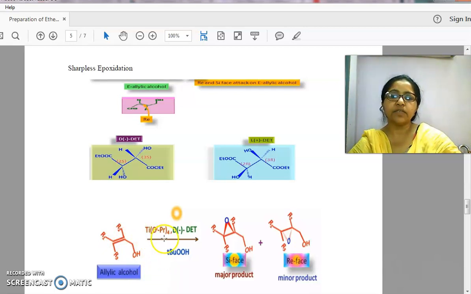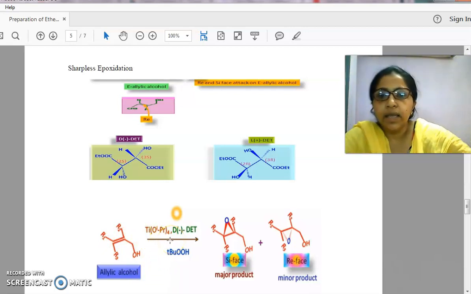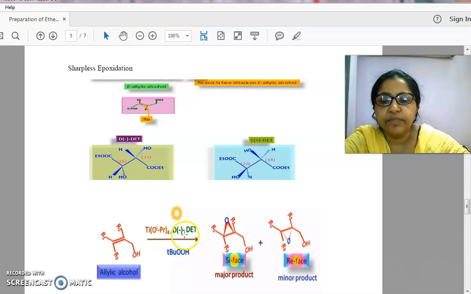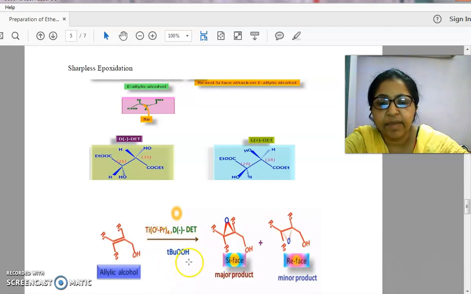So when it reacts with diethyl tartrate, okay, DET, in the presence of a catalyst and a peroxy acid, we get, in the case of minus DET, what is minus?